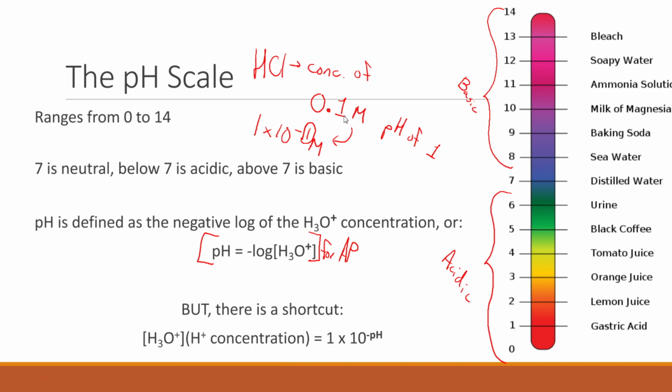The more concentrated our substance is, the lower the pH is going to be for an acid. Right.